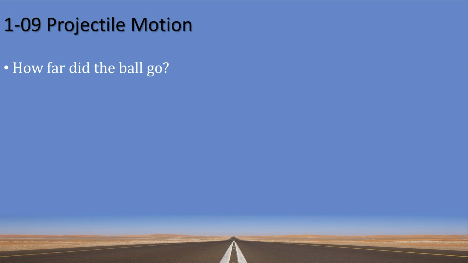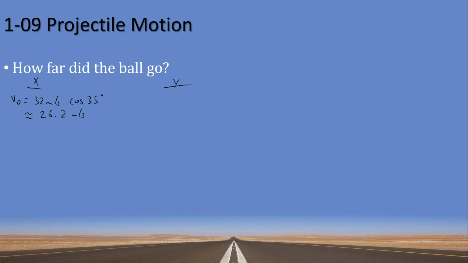Now, how far did the ball go? Well, let's review what we know. We know our initial velocity, the x, was 32 meters per second times cosine of 35 degrees, which was about 26.2 meters per second.